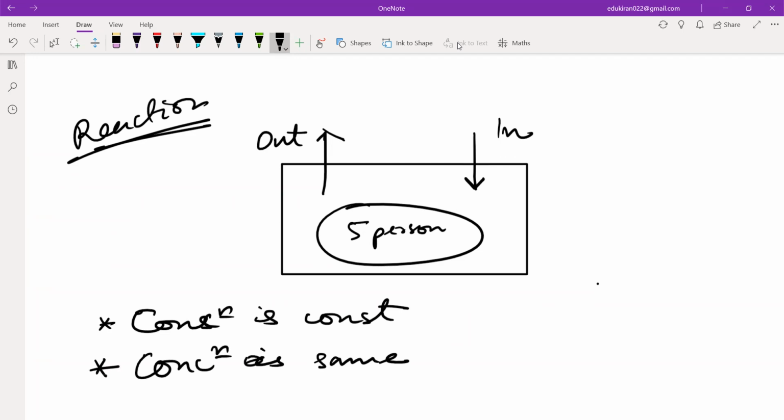If concentration is constant, that means the concentration is not changing. This 5% is always 5%, and here there can be 7%, and this 7% is always 7%. It is not changing. But there are some people coming in and some people going out.